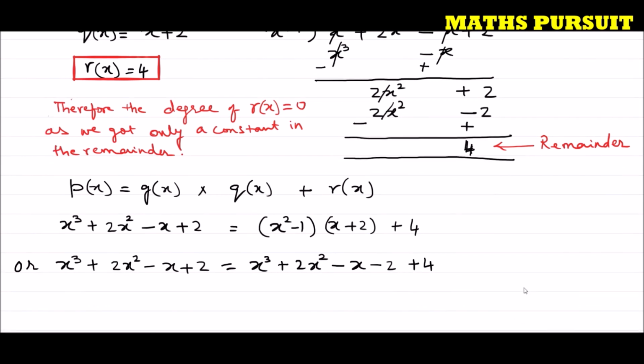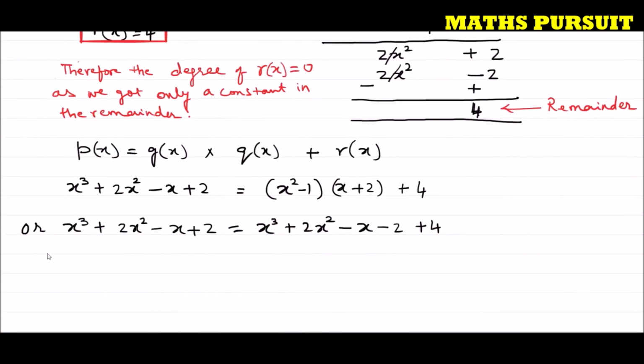Now let us solve this further. I can write x to the power 3 plus 2x to the power 2 minus x plus 2 is equal to x to the power 3 plus 2x to the power 2 minus x plus 2, because this minus 2 and this plus 4 will become plus 2.